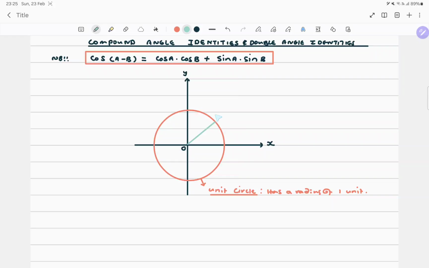We can call this point of intersection with the circle, say, let's say P. Okay, and then we can still draw the unit circle into a second quadrant just for the vibes.